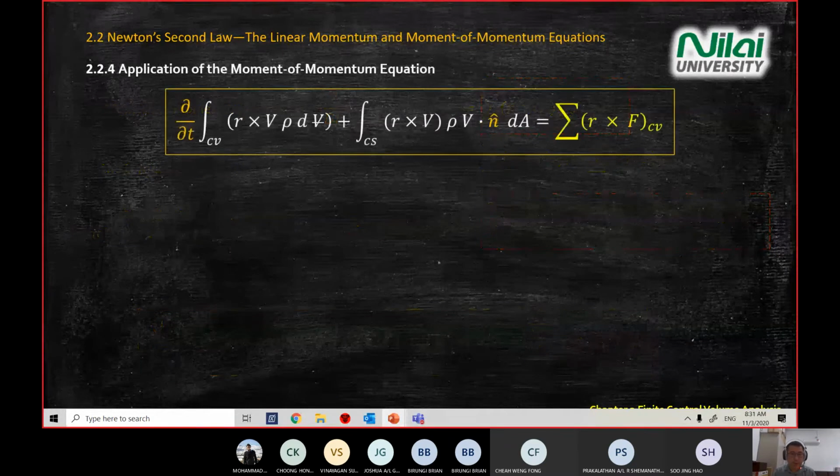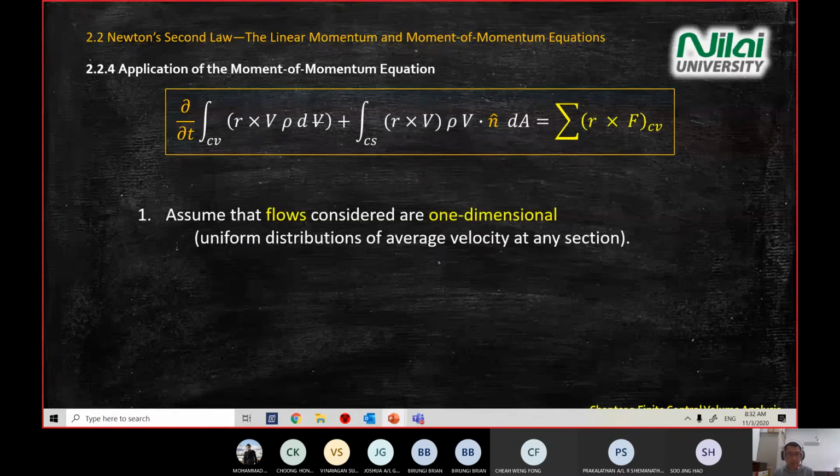All right, so we look at the application of the moment of momentum equation again. We have three major guidelines for this question 33. The first is a field assumption: we assume the flow is one-dimensional, and we use average velocity when we have a uniform distribution.